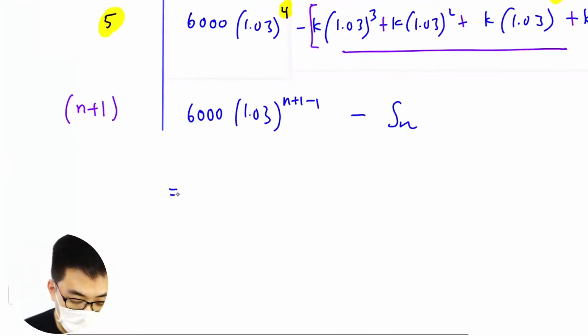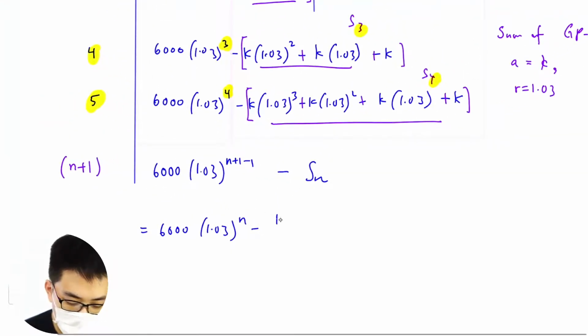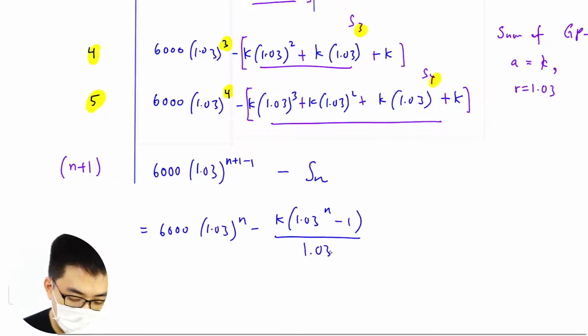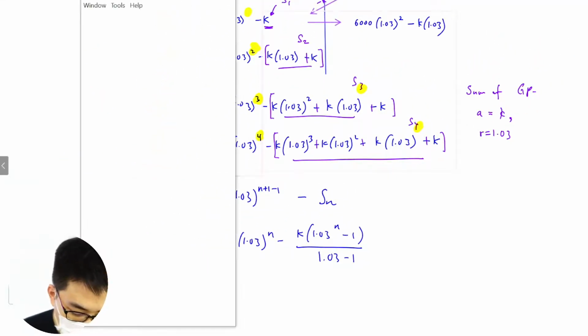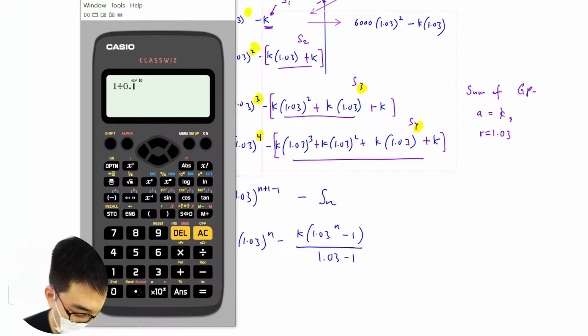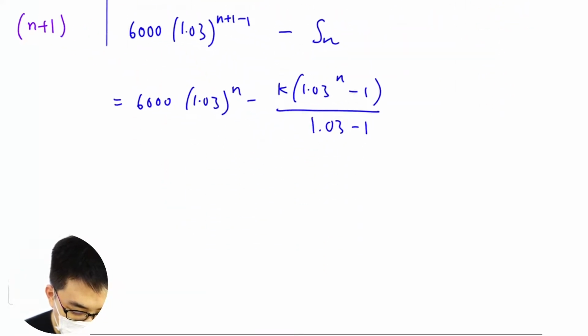Then this will be 6,000 minus K times A, 1.03 to the power of N minus 1. Okay, I don't think you need that. So 1 divided by 0.03 is 100 over 3.